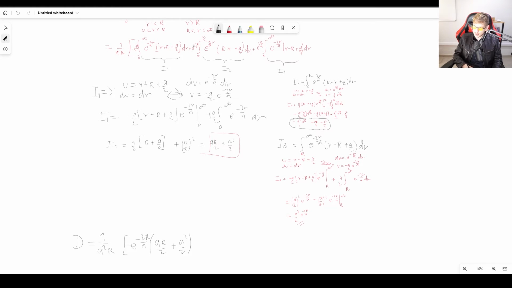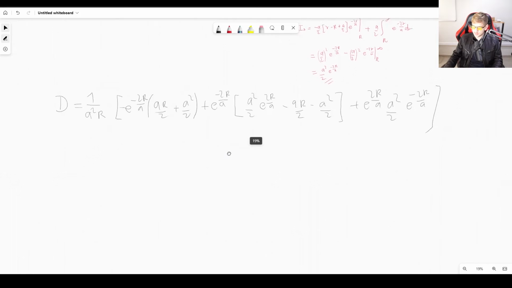Now from I2, plus e to the minus 2r over a times the result from I2, which is a squared over 2 e to the 2r over a minus ar over 2 minus a squared over 2. And finally, we have plus e to the 2r over a times a squared over 2 e to the minus 2r over a. So as you can see, there's going to be a lot of exponents that cancel each other out.